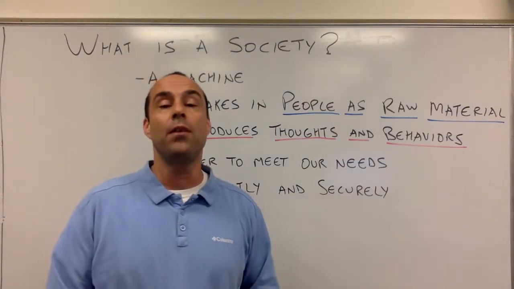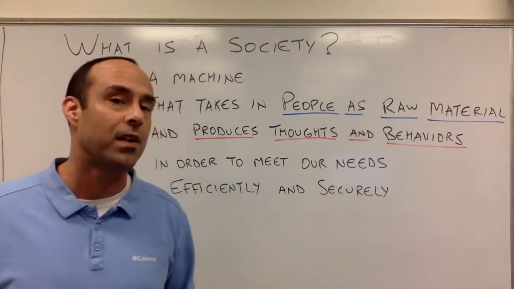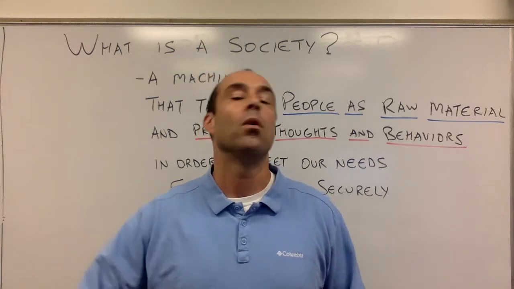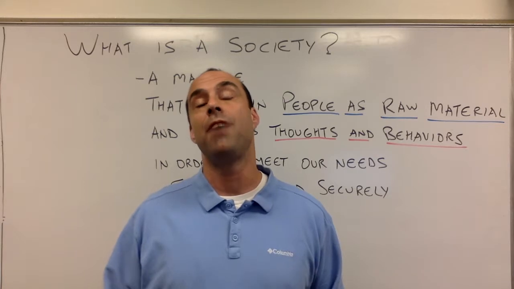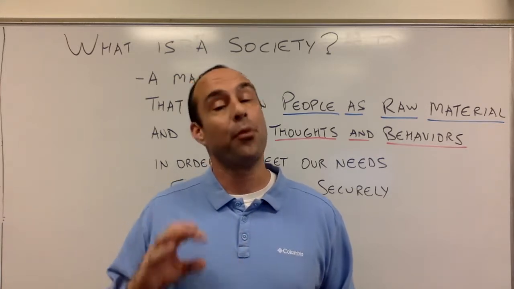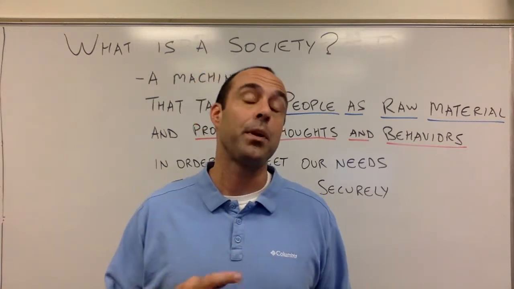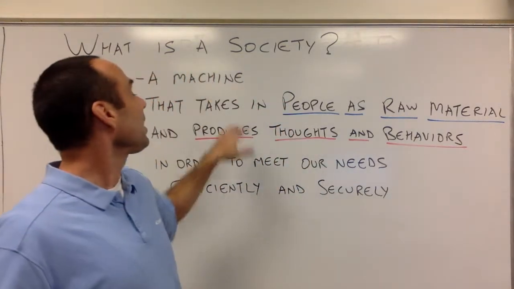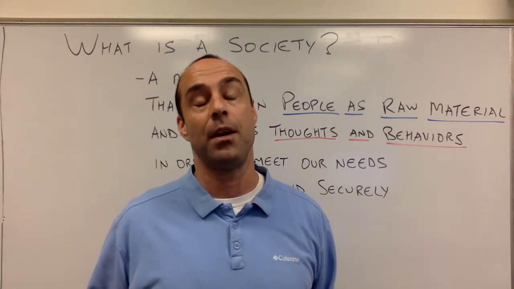So what I want you to think about, just to play this analogy out, because most of us tend to think about society as a big group of people or a country or something. I'm going to make the argument that it's not those things. In fact, you could have American society, removing the 300 million of us Americans right now, replace us with 300 million other people, and as long as the machine continued to produce the same thoughts and behaviors in them, you've still got American society.